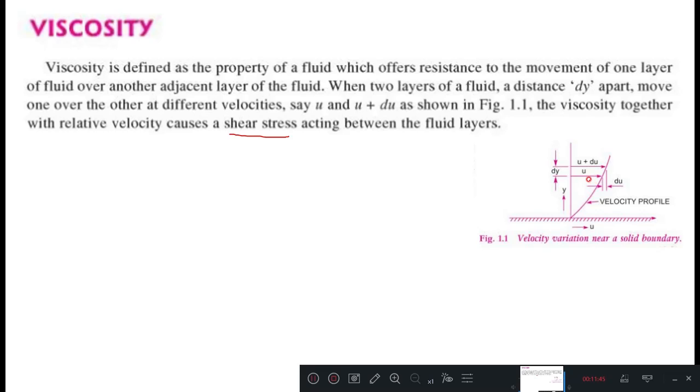This shear stress is proportional to the rate of change of velocity with respect to y, and it is denoted by the symbol tau. Mathematically, tau is directly proportional to du by dy. If we introduce a proportionality constant, we get mu: tau equal to mu into du by dy, say equation number 1.2.